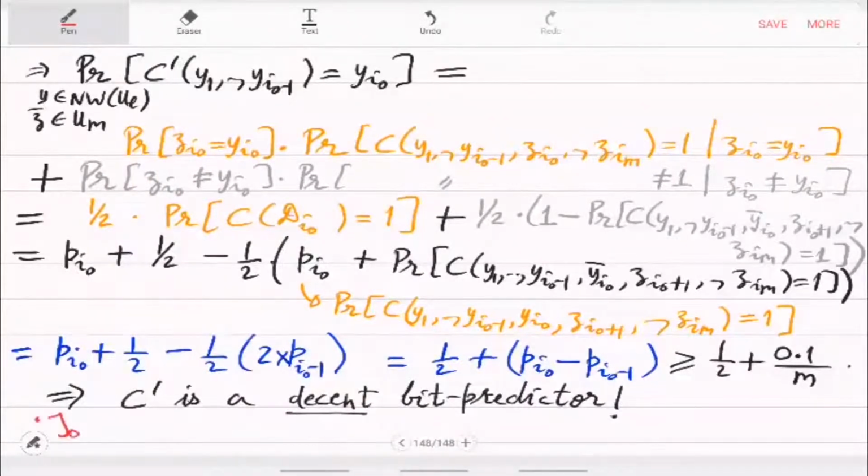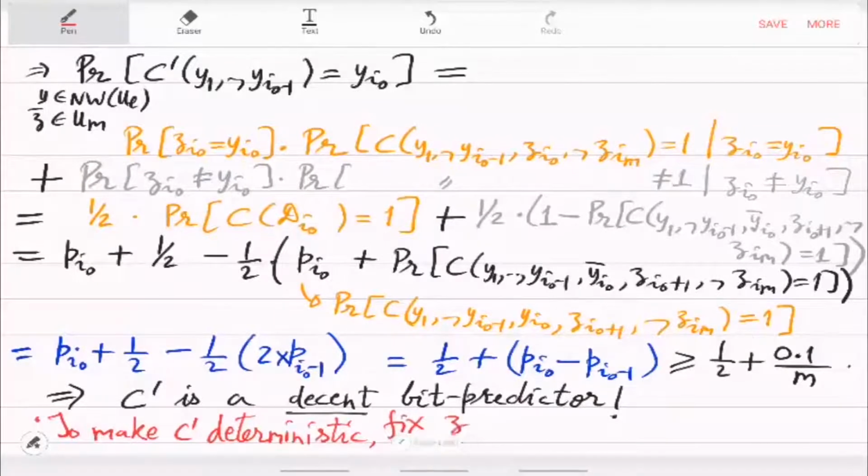So, to make C prime deterministic, fix ZI0 to ZIM suitably, and get circuit C prime prime.